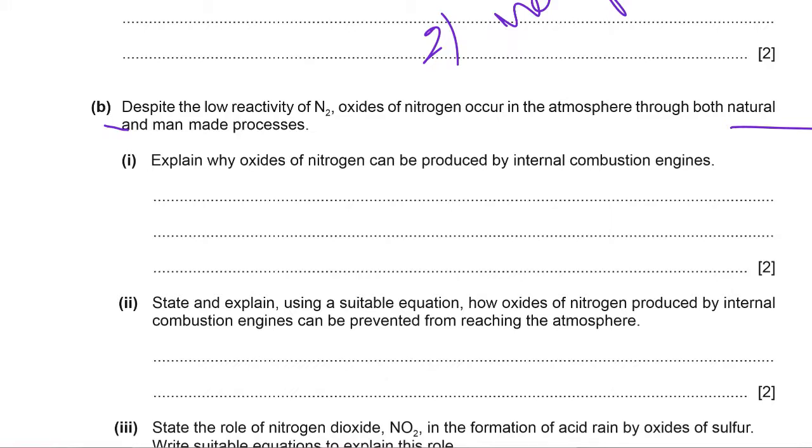And also man-made processes, that means if we increase the temperature to very high temperature. So here in the question I explain why oxides of nitrogen can be produced by internal combustion engines. That means inside the engine of a car, during the combustion of fuel, we need oxygen.